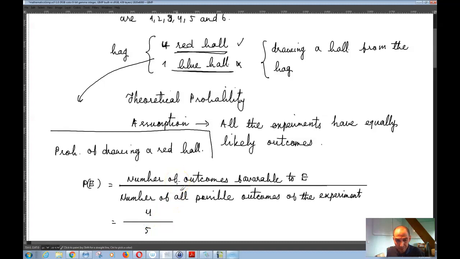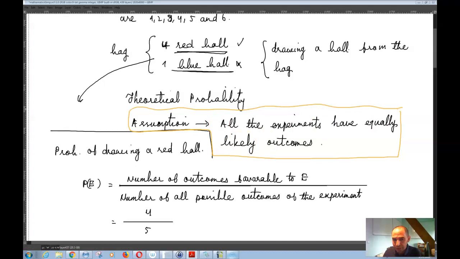Although this example is not a very good example to show the concept, this assumption that we had to make, that all the experiments have equally likely outcomes, we will understand in the chapter that we are covering right now.